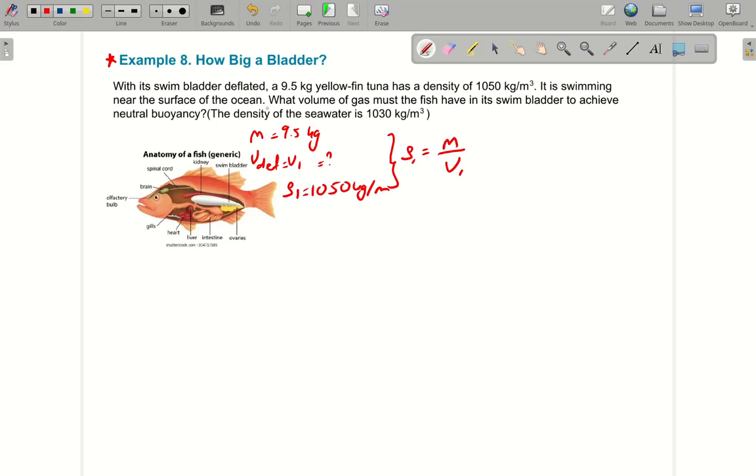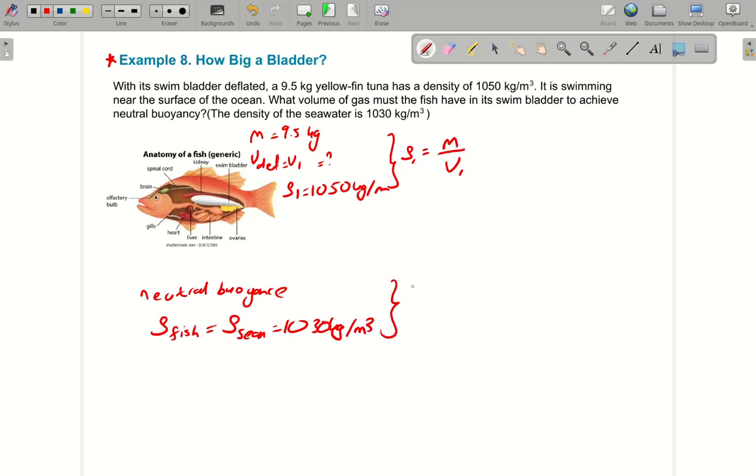It is swimming near the surface of the ocean. What volume of gas must the fish have in its swim bladder to achieve neutral buoyancy? Neutral buoyancy is when the density of the fish is equal to the density of the seawater, which is 1030 kilograms per meter cube.